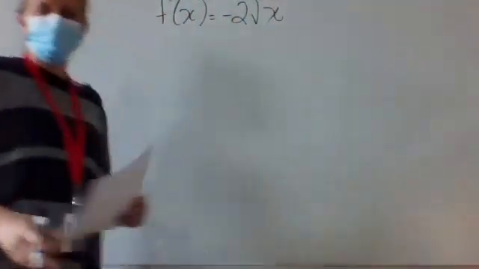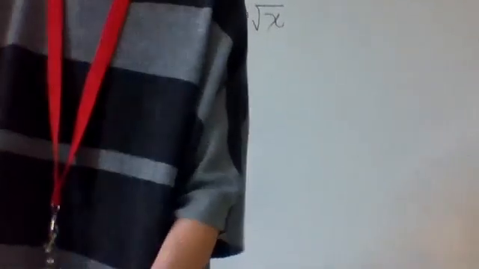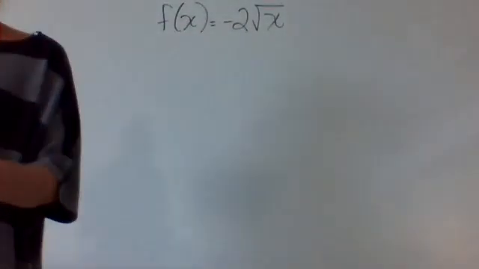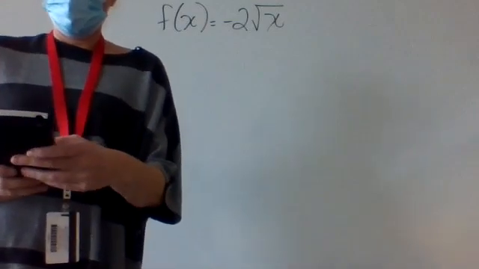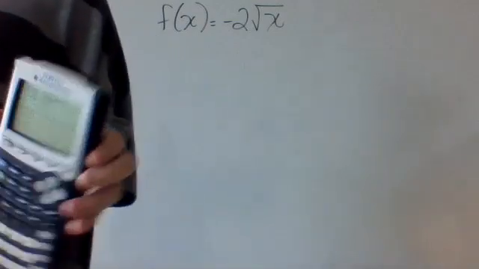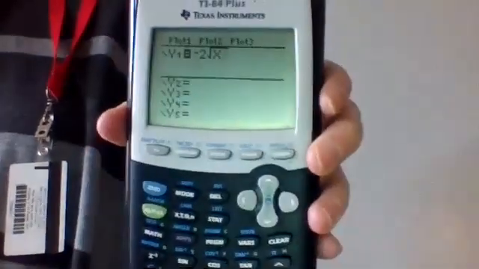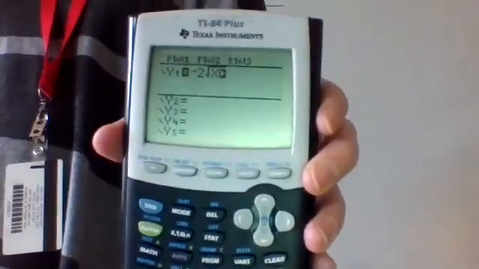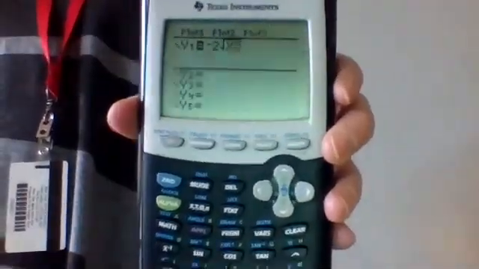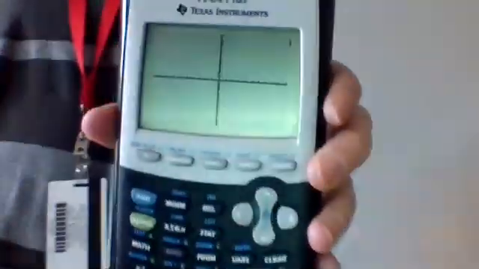So let's put that in our y equals. So the -2, and then hit your second button, right? Because that's what's going to get you to the square root. Square root x. Let's look at what that looks like on a graph.